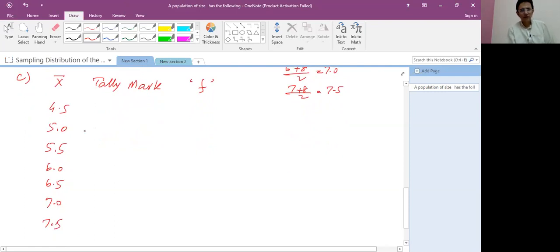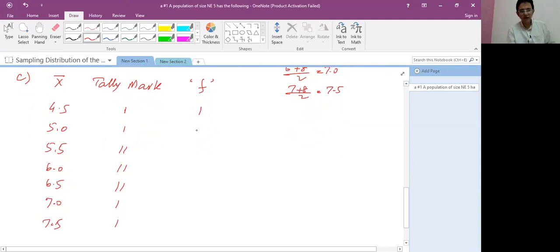Now when we check, 4.5 occurs one time only. 5 occurs one time. 5.5 occurs two times. 6 occurs two times. 6.5 occurs two times. 7 occurs one time, and 7.5 one time.